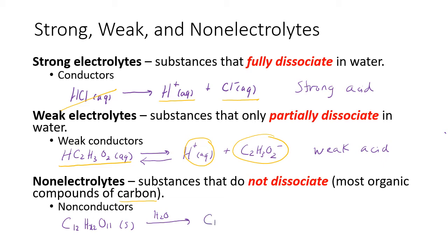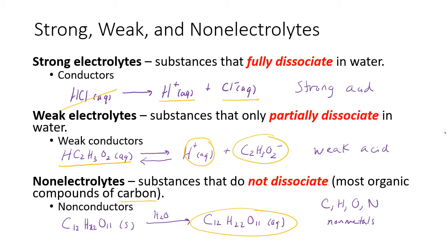It'll just become aqueous sucrose molecules that will be surrounded by the water molecules, but it's still combined as a molecule. Therefore, this will not conduct electricity at all because there's no ions produced. You want to look for compounds that contain carbon, hydrogen, oxygen, nitrogen, things that are in the upper right-hand corner of the periodic table, non-metals.